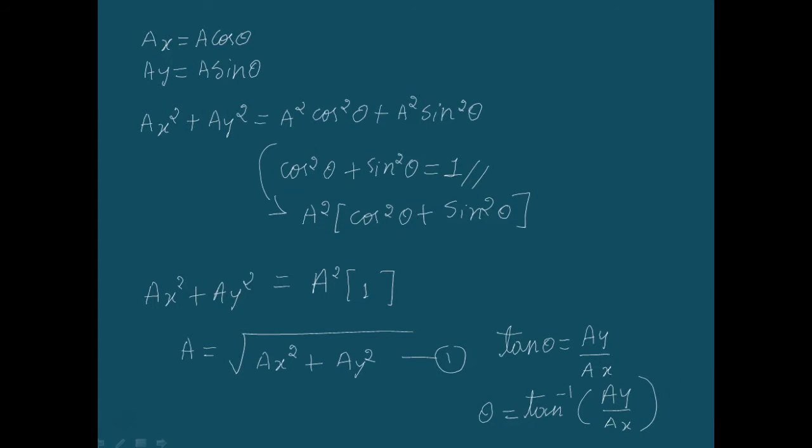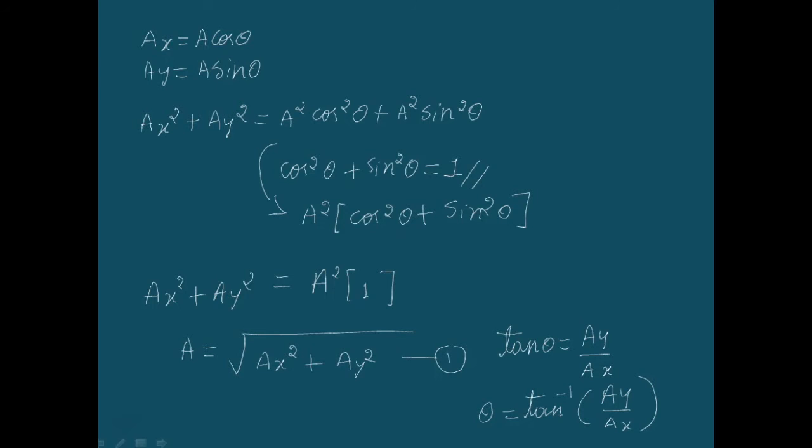Okay, so this is how we will get the value of theta and a. If we know the value of ax and ay, by squaring and adding, we can get the value of a, and by considering tan theta, we can get the value of theta as well.